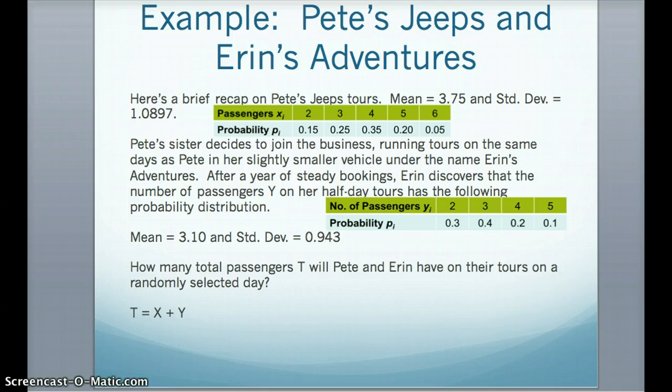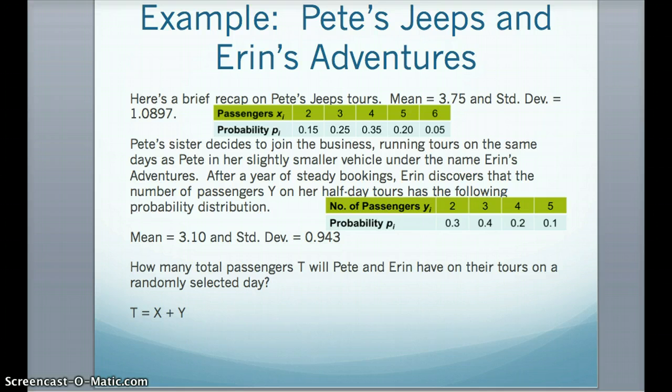So after a year of steady bookings, Erin discovers that the number of passengers Y on her half-day tours has the following probability distribution. That would be a mean of 3.10 and a standard deviation of 0.943.